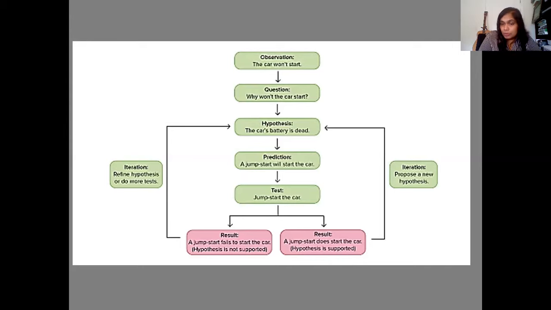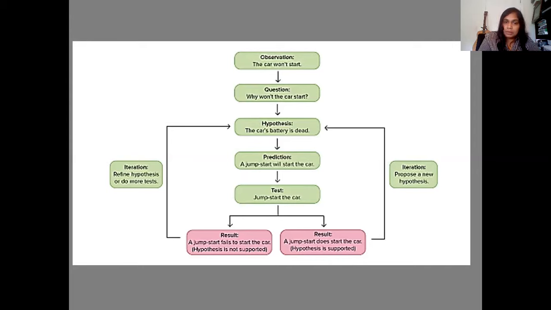Then the result would be either yes or no. If the jump start does start the car, then the hypothesis is supported and there's no need to go back and do something else. But if you want to review the process, you can try it again and propose a new hypothesis.